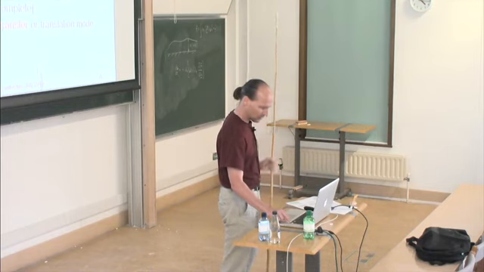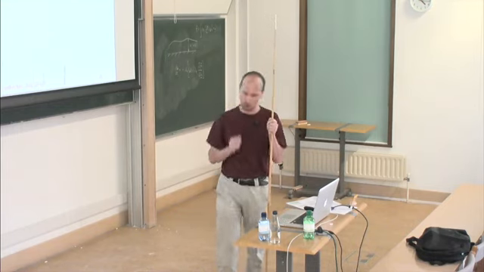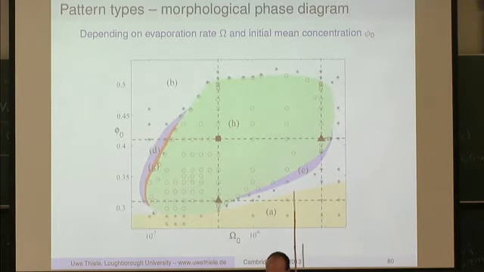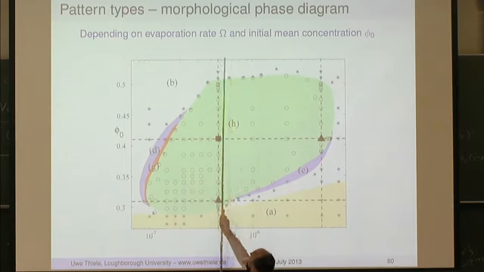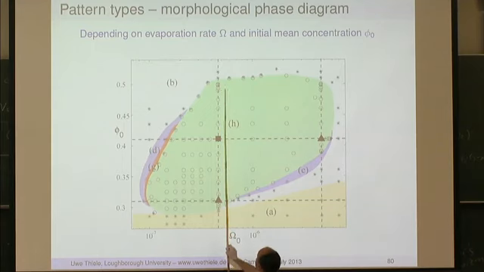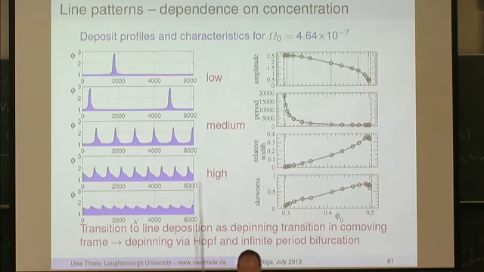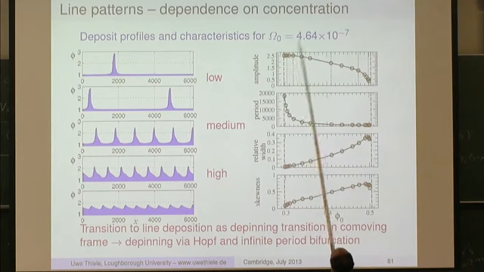So at some point we also noticed that the depinning patterns that I showed you already, so I showed you this one, but what I didn't show you is that we can now make a nice cut through this diagram, either keeping evaporation rate fixed and changing concentration, or the other way around, and we can look at solutions now changing concentration.